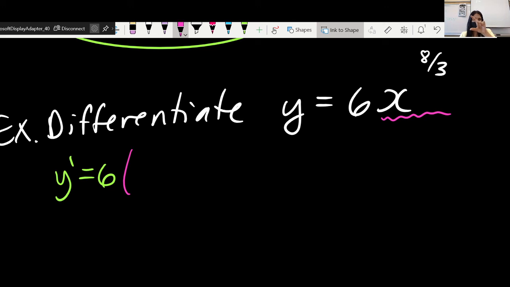So we bring down the 8 over 3. 8 over 3. I still have the x. And then I want to do 8 over 3 minus 1. But in this case, because we're dealing with fractions, it's probably easiest if we look at it as 3 over 3, which is the same thing as just 1.